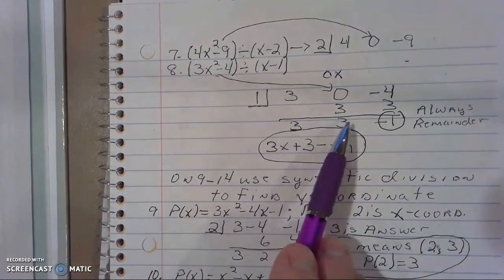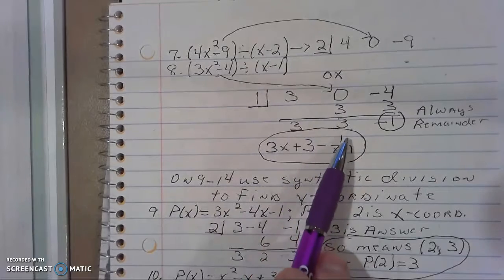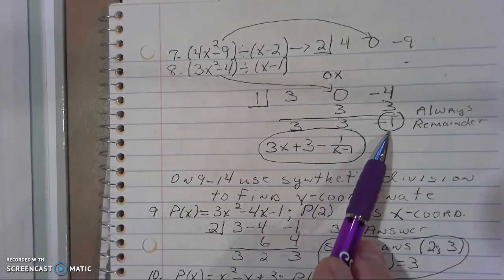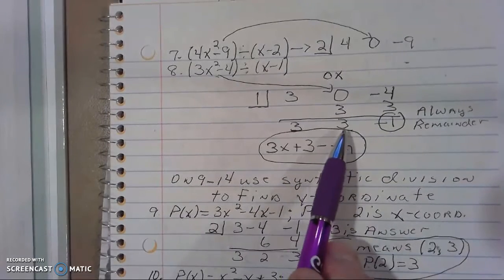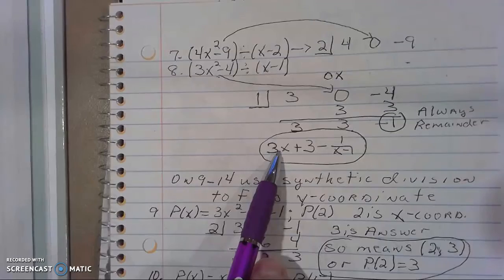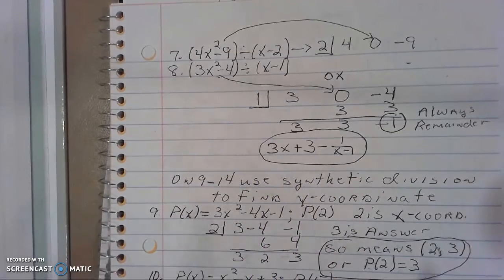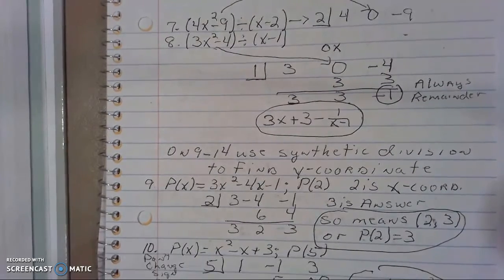So 3 comes straight down, 3 times 1, 3 goes here, add is 3, 3 times 1, 3, add is negative 1. This number out here is always the remainder. So 3 goes here, and then this 3 has an x on it, 3x plus 3, and the negative 1 is our remainder. The next thing on synthetic division, I'll put on a different tape.